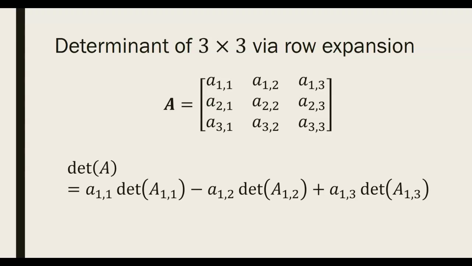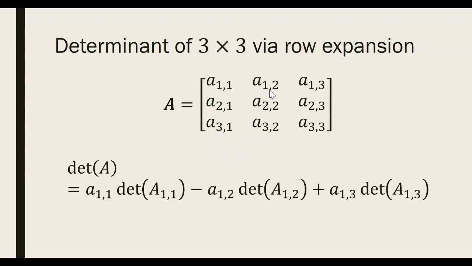So if I wanted to go and find a determinant of a 3 by 3 matrix, what I could do is I could isolate one row. Now here I isolated the top row, A11, A12, A13. And then I could take the element A11, multiply it times the determinant of the submatrix when you eliminate row 1 and column 1.